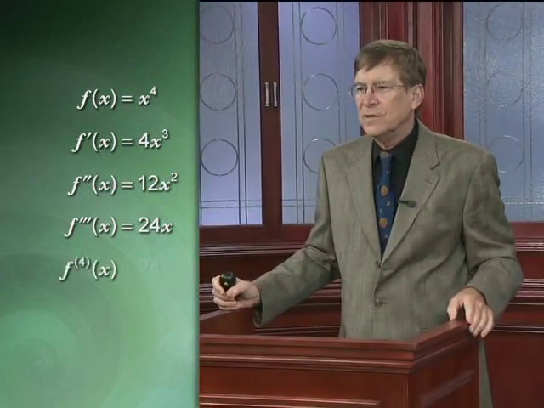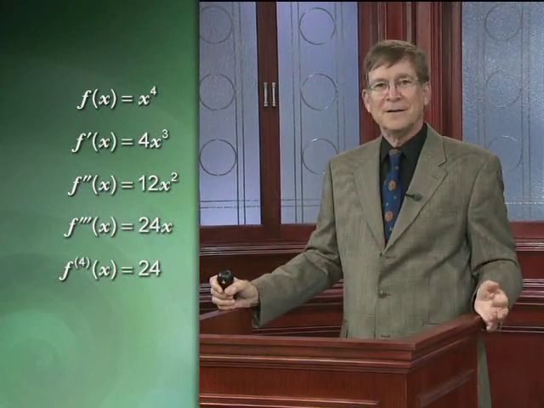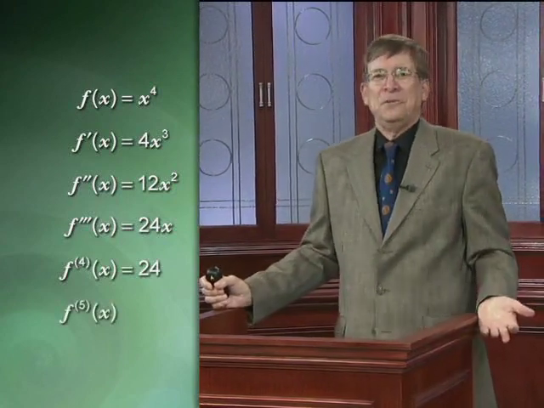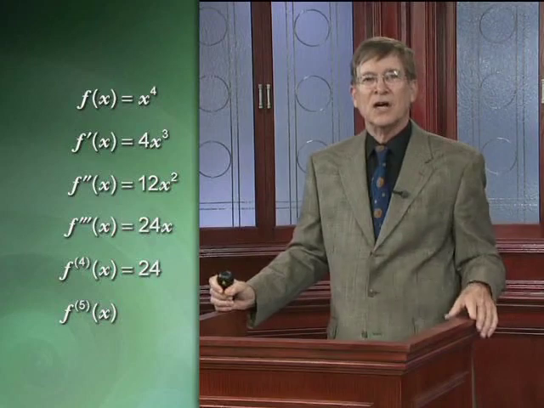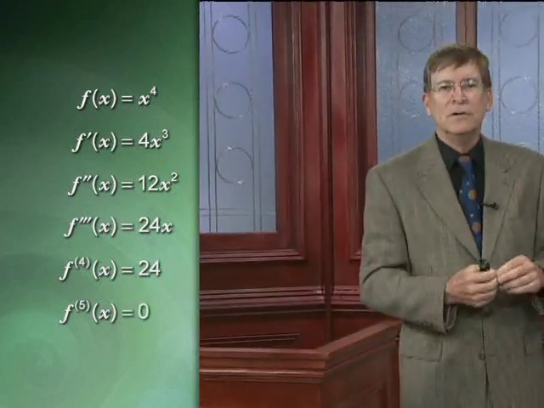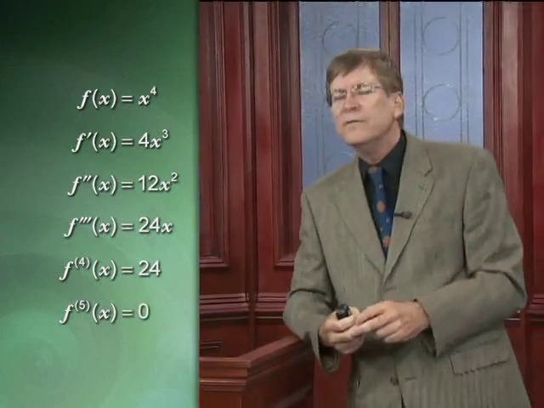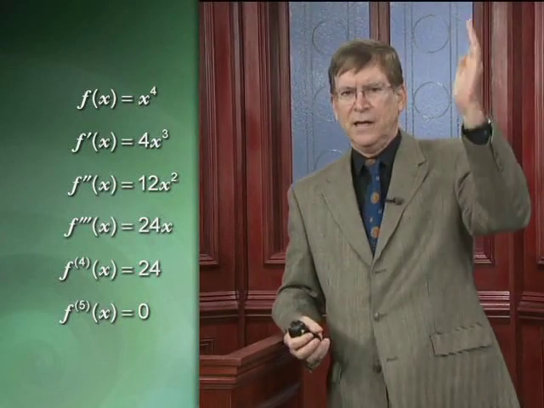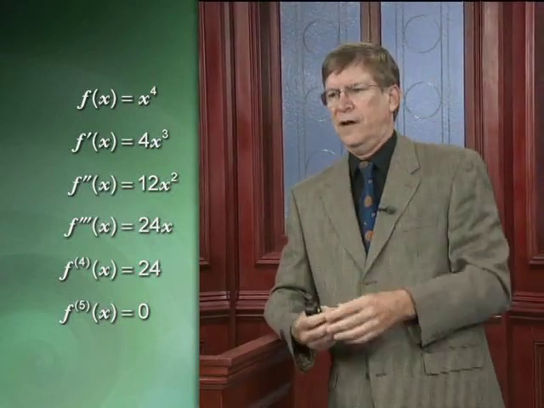What's the fourth derivative? 24. What's the fifth derivative? Well, now I've got a constant, so the fifth derivative is 0. And what's the millionth derivative? 0. The function has petered out. It's now 0 forever, all the higher derivatives. So you can take a function and do lots of derivatives if you so choose.